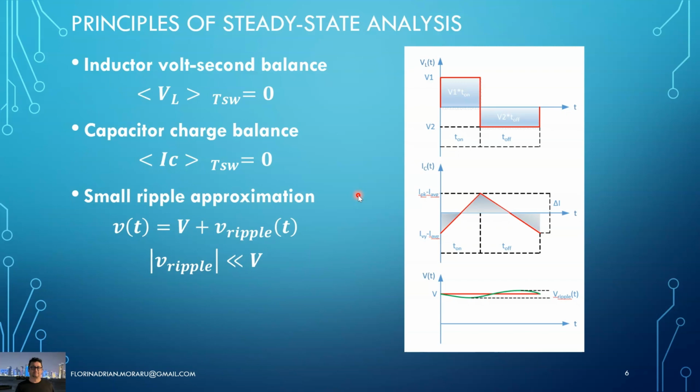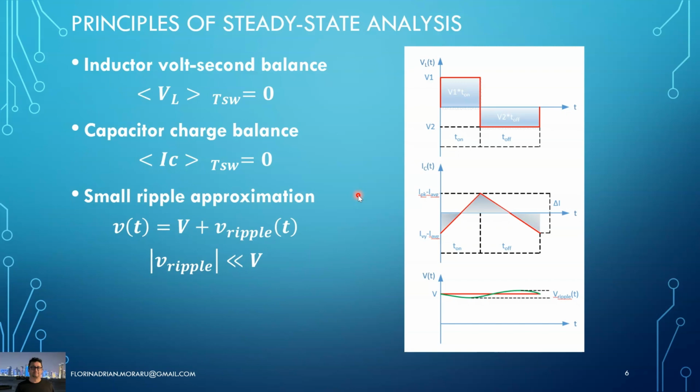So we are no longer in steady state analysis. Normally, when we talk about a voltage regulator, we want a fixed output voltage. So capacitor charge balance must also be satisfied at the same time.